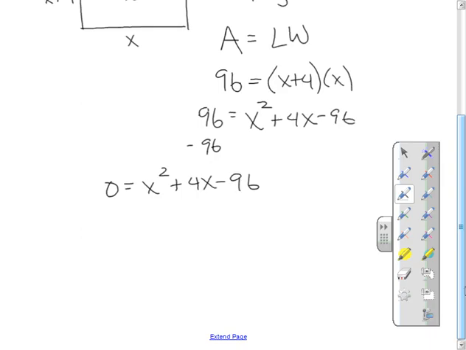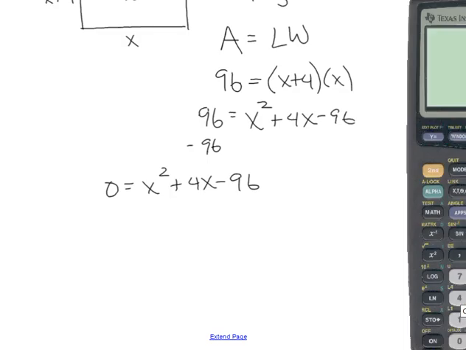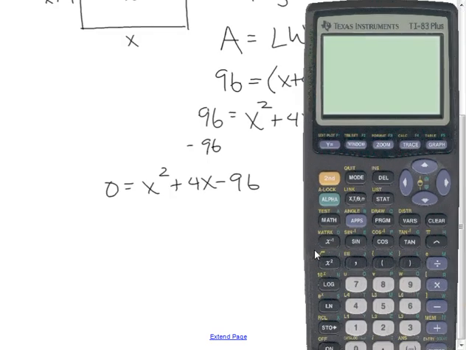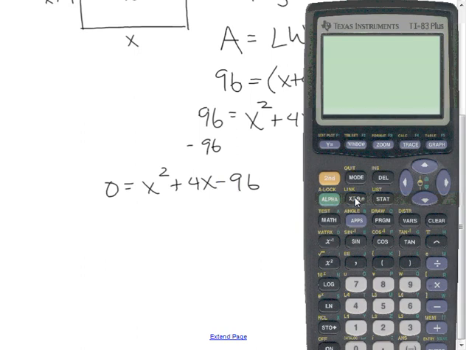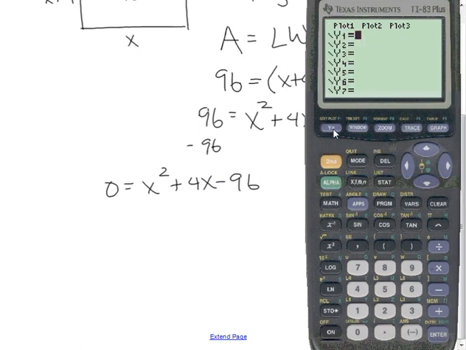Picking up again with the battle plan, now that it's general form, we have two choices: we can either factor it and use the zero product property, or use the quadratic formula. The first thing we should do is to take a look and see if it can be factored. We see that it's an easy quadratic trinomial, and we wonder what are the factors of negative 96 that add up to 4.